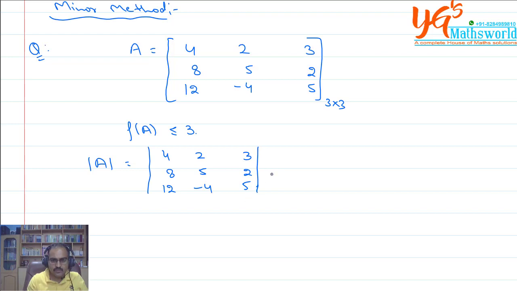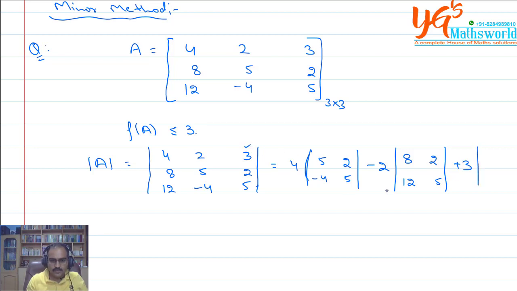So the determinant will be 4 into, now I need to leave this row and this column, so it will be the determinant of [5, 2; -4, 5], then negative 2 times the determinant, where I remove this row and this column, so it will be [8, 2; 12, 5], and the last number is 3, this 3, times the determinant after leaving this row and this column, [8, 5; 12, -4].